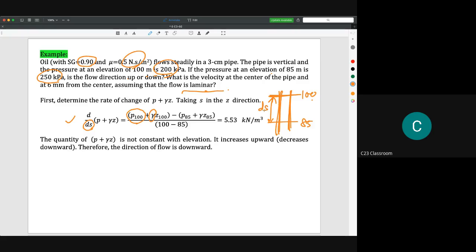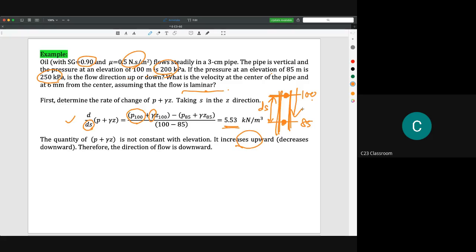Then you could get 5.53 kilonewton per meter cube, and it increases upward. We know that 100 meters here is bigger compared to 85 meters, that's why we get the positive value.